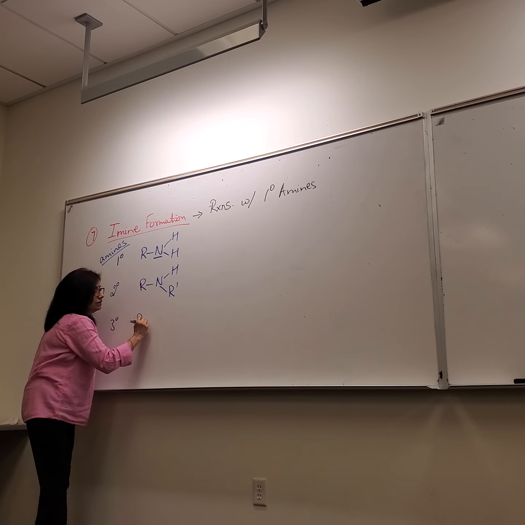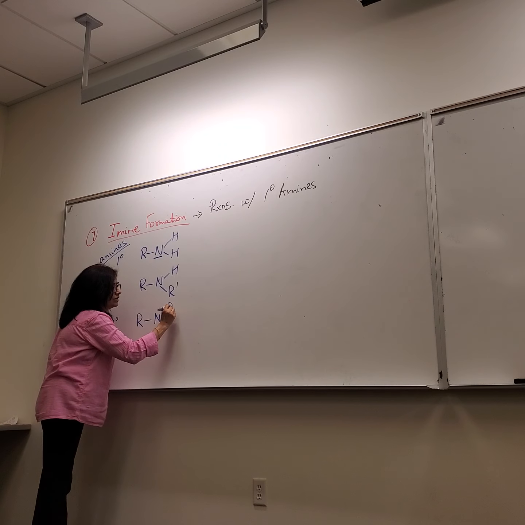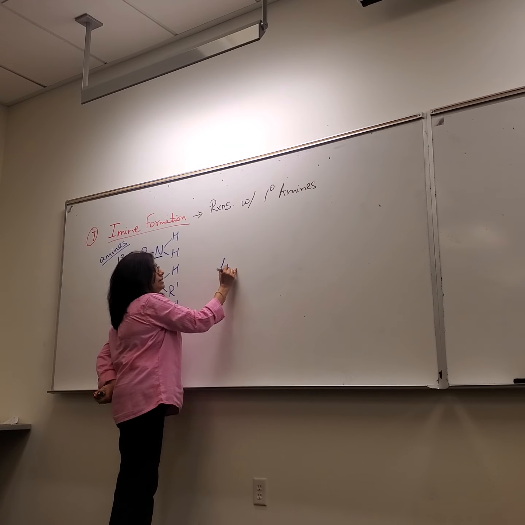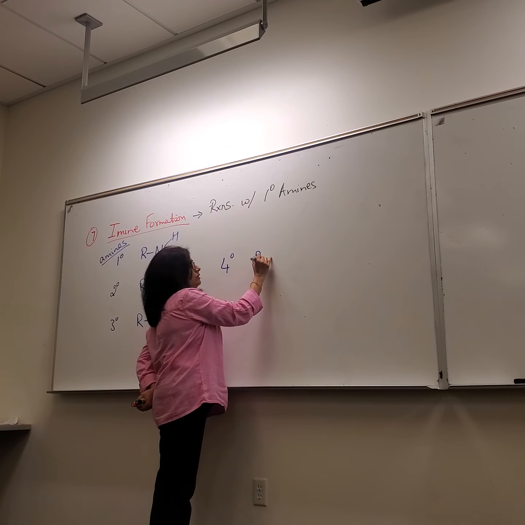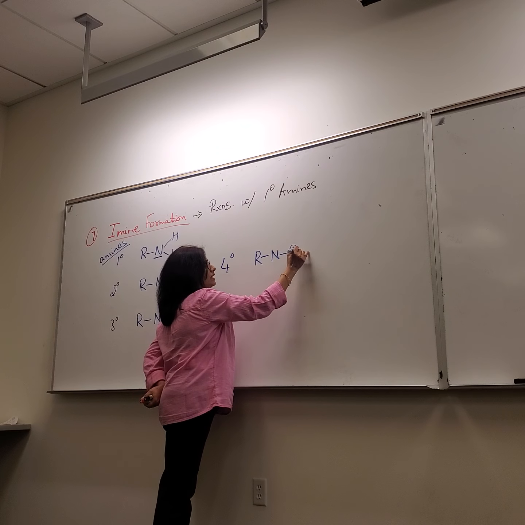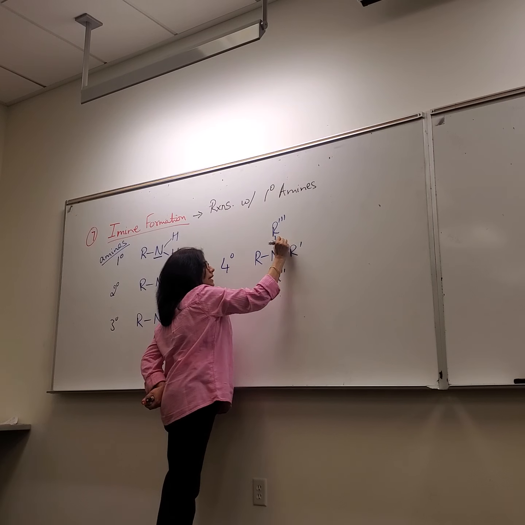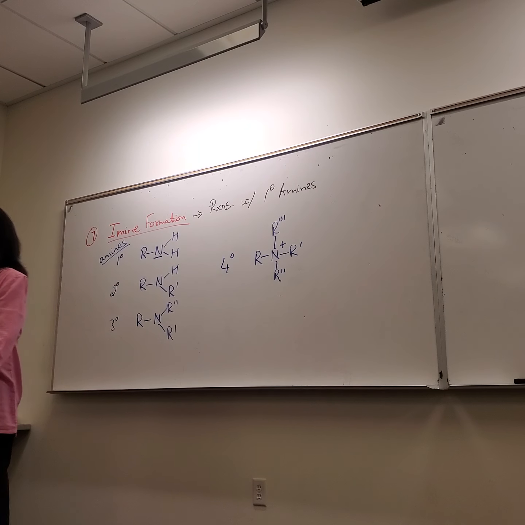Tertiary is no H's, just R's. And there is also quaternary, although that is not neutral. That will become a cation, an ammonium. That's a quaternary ammonium ion.